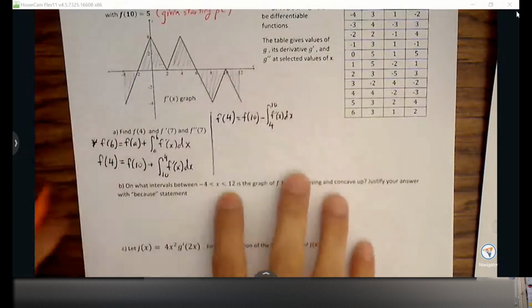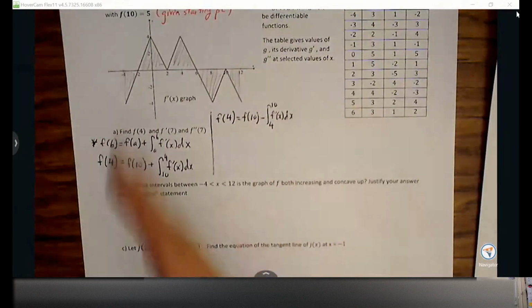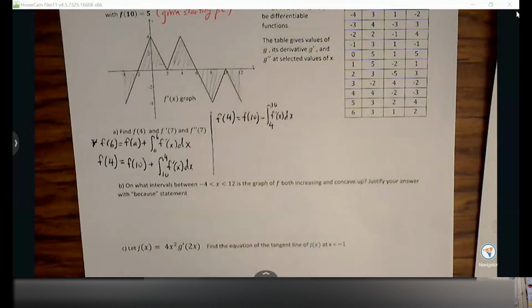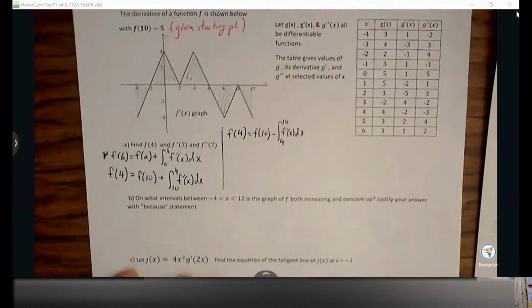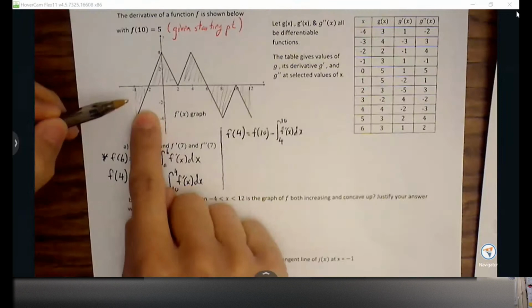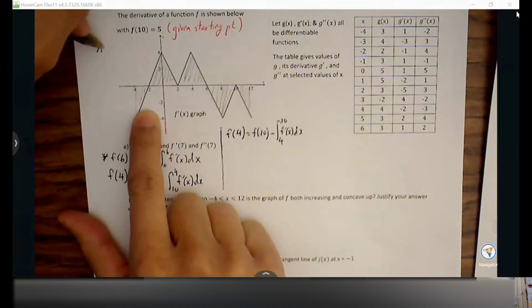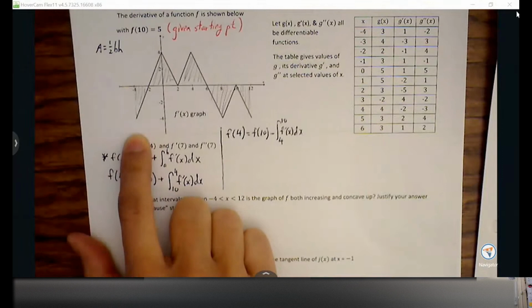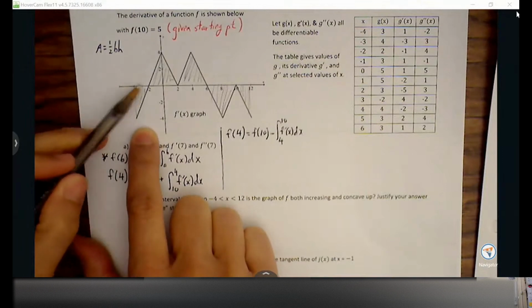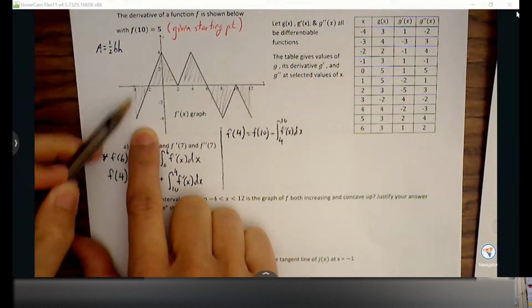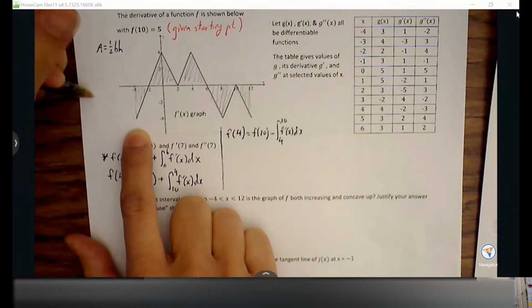Now, all these triangles, once we find the area of one, we can kind of figure out the others because they're all kind of symmetrical. So let's start with this one here. Area is 1/2 base times height. Okay. So base is 2, height is 4.